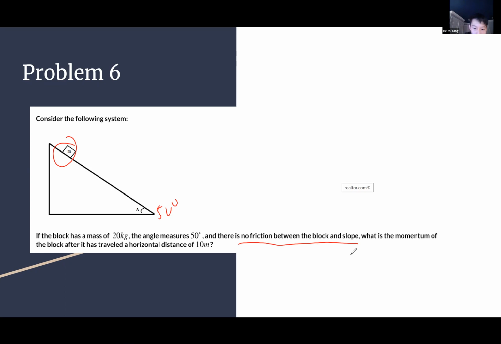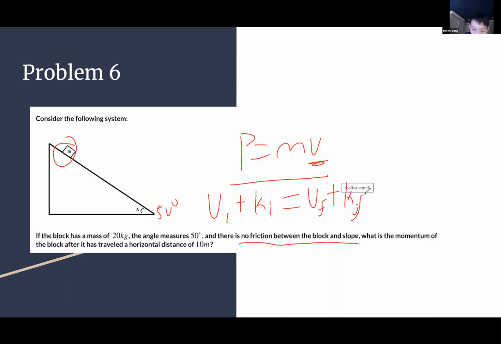So we're trying to find the momentum. You need to find velocity because you're given the mass. Again, you can use the conservation of energy. So it would be initial potential plus initial kinetic equals the final potential plus the final kinetic energy.